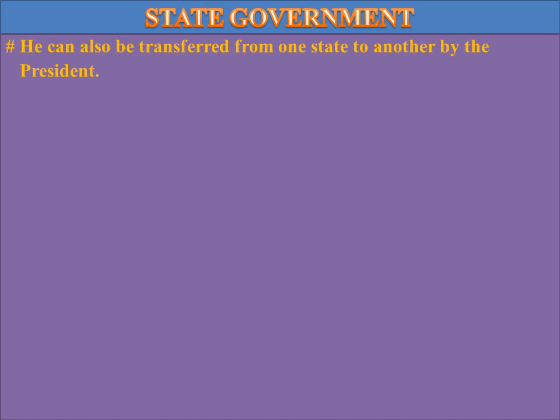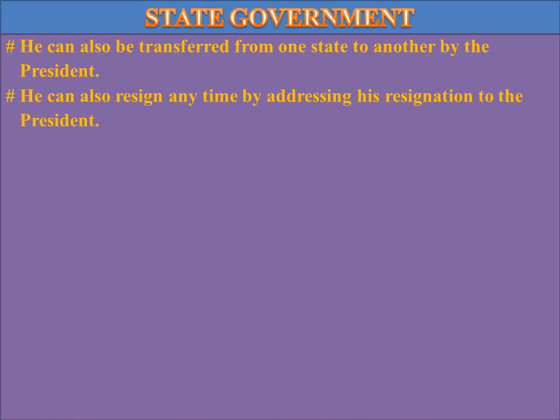The governor can also be transferred from one state to another by the president. Next point is, he can also resign anytime by addressing his resignation to the president. The legislature of the state or the high court has no role in the removal of a governor. A person may be appointed as a governor for any number of terms.